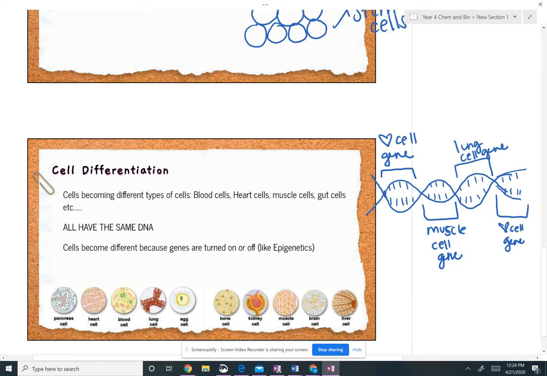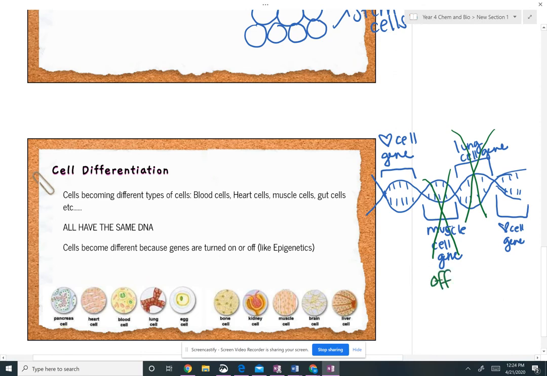What will happen is that your body will tell the cell, okay, you've got to form into a heart cell. When your body does this, it will turn off the genes that it doesn't need.